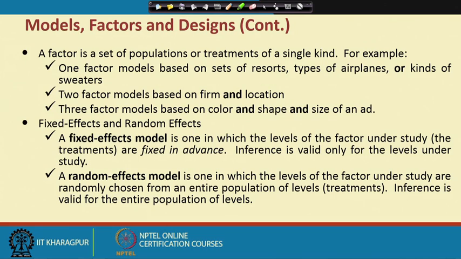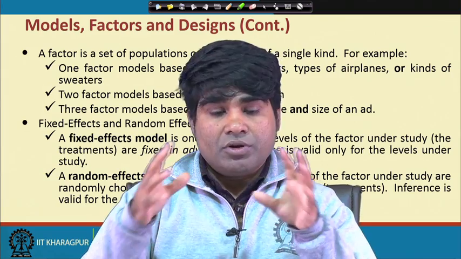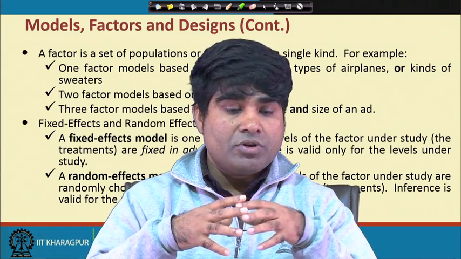For example, we have one way structure, two way structure and three way structure. One factor models are based on examples like hotels, types of aeroplanes, and colors of a particular product.